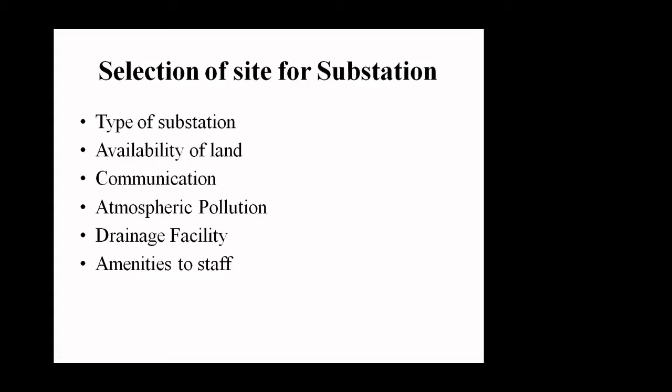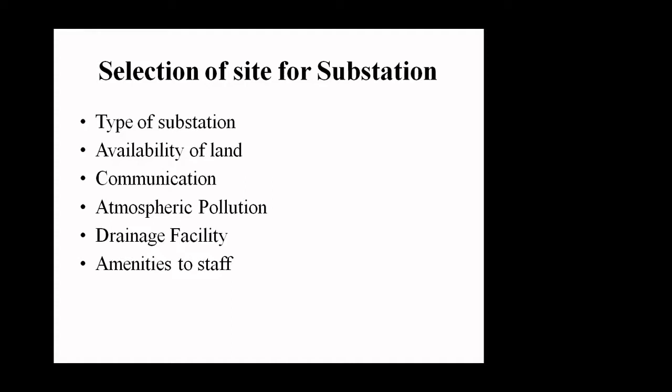Selection of site for substation. First point is what type of substation it is. Accordingly, the site is chosen or land is marked. What is the meaning of type of substation? We may have step up substation or step down substation. If it is step up substation, then we should have a substation near to power plant.